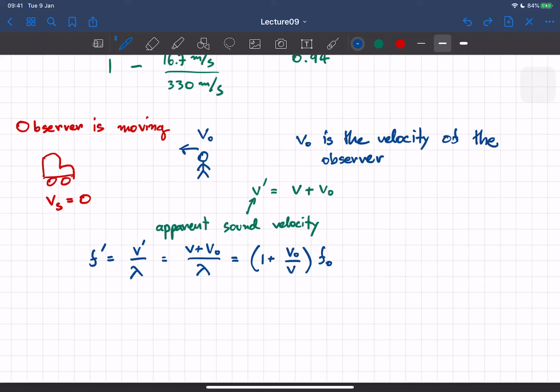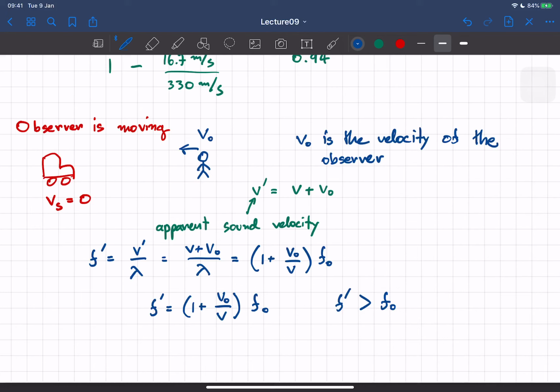So in the end, what we have is f prime is equal to 1 plus v0 divided by v times f0 here. And you can see that the effect of v0 makes this factor in front larger than 1, and then you multiply by the frequency, right? So in this case, f prime is going to be larger than f0 if you move towards the source, right?